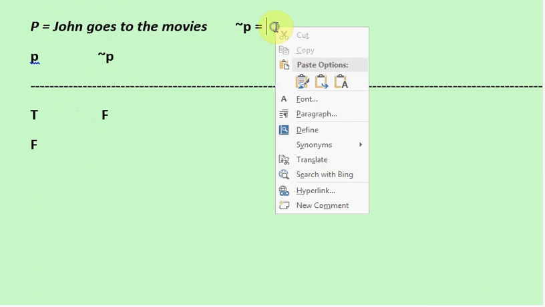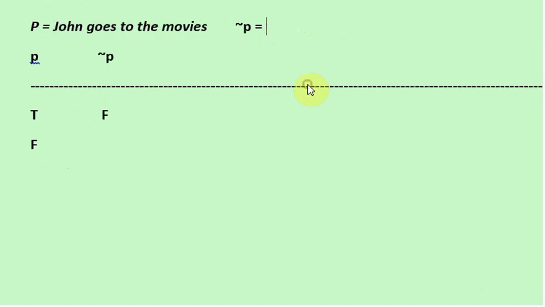But remember, this can mean any proposition, and that's why it's a lowercase p, because whatever we come up with here is going to be true for all propositions. Basically, if P is true, not P is false. This will apply to any proposition.